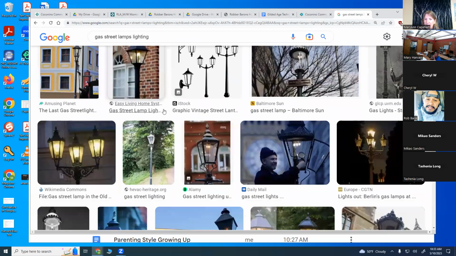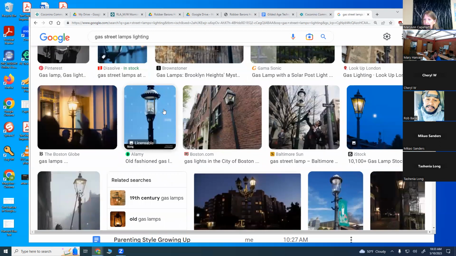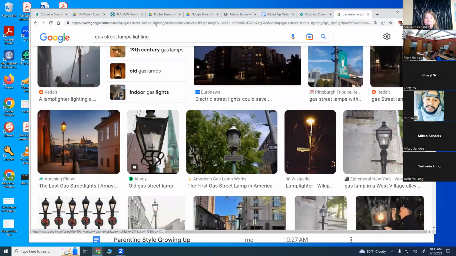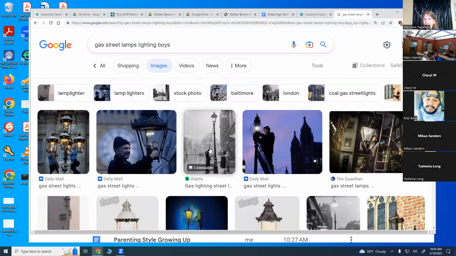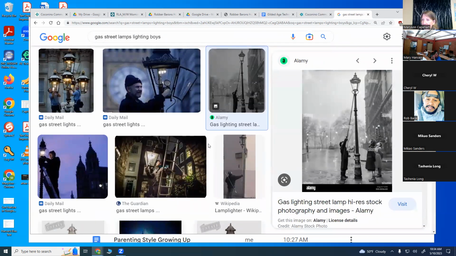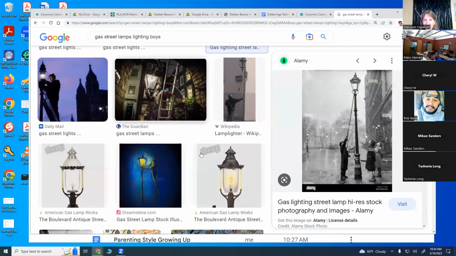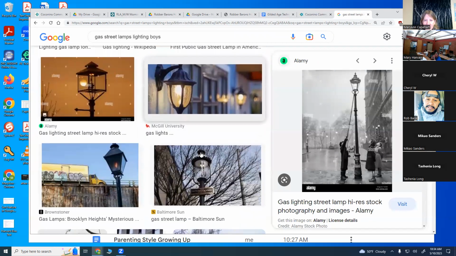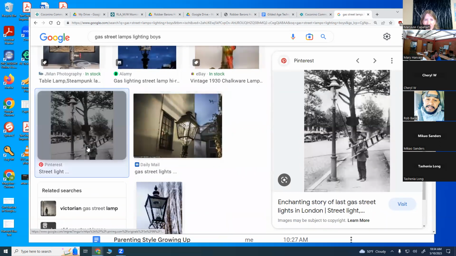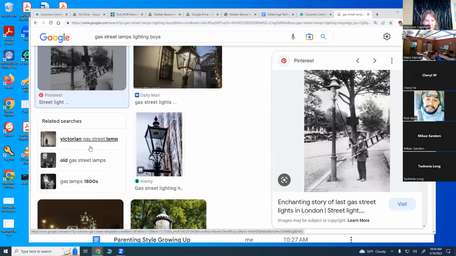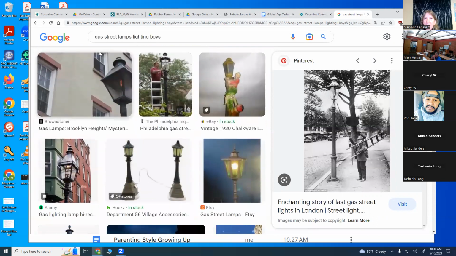It was like a job that kids had. Yeah, like this. You had to light these street lamps because they were gas and they had to be lit. Remember chimney sweeps were done by boys a lot because they could climb up really fast. Here's a boy lighting one. Was that a man? That's a shorter man. Anyway.